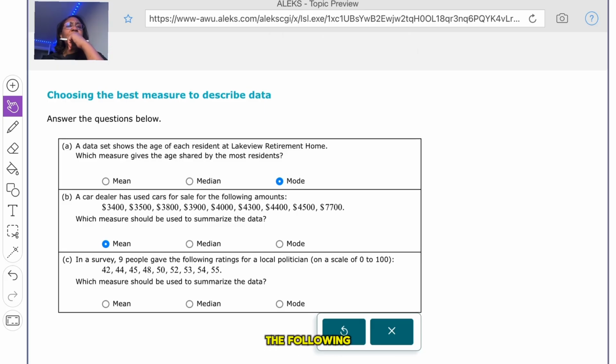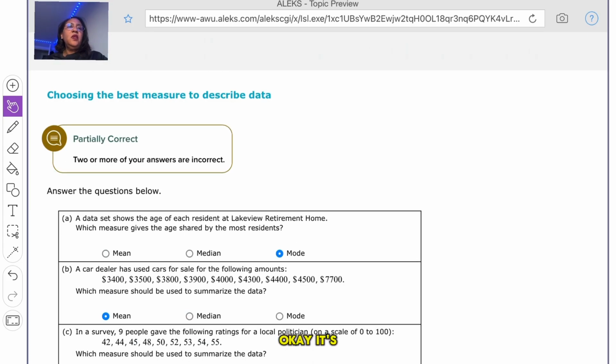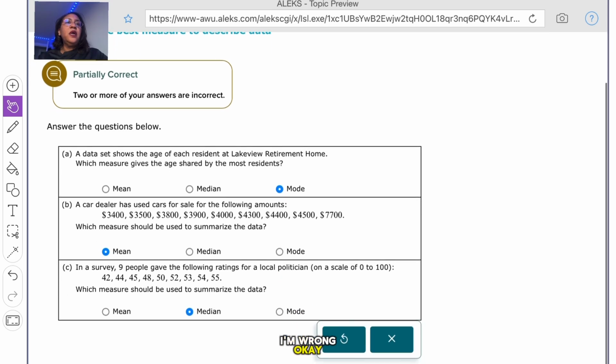9 people gave the following ratings for a local politician on a scale from 0 to 100. We kind of already answered one like that. So, okay, it's telling me I'm wrong.